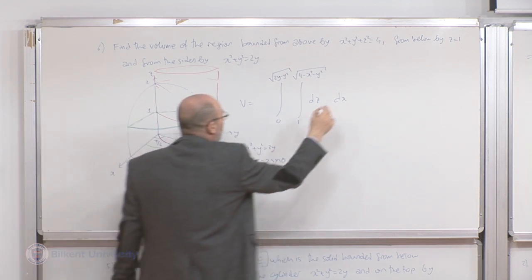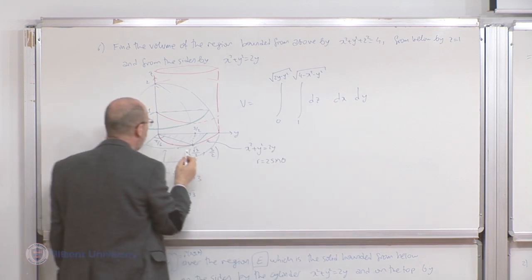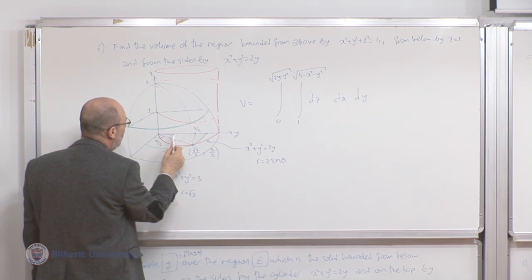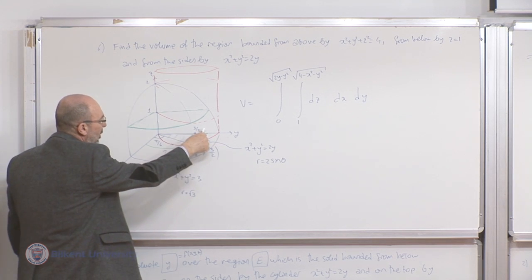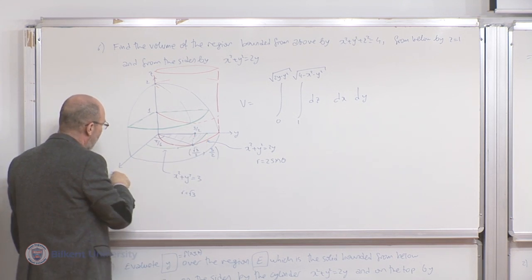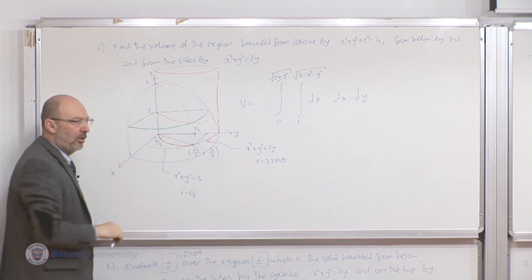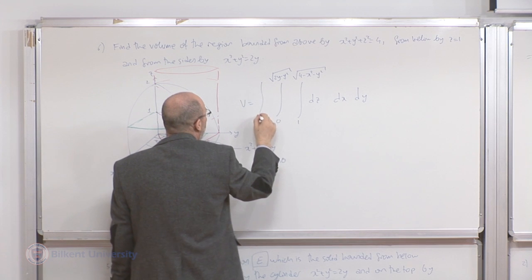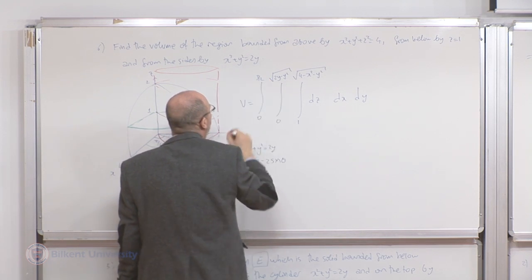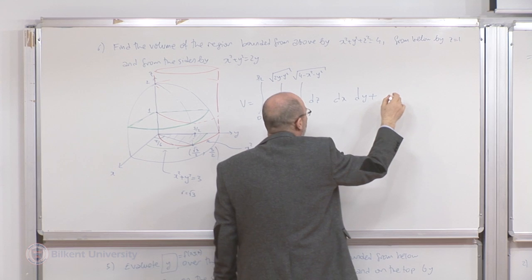This description is valid when y is between 0 and this number, because if you pass this, then an arrow parallel to the x-axis will leave the region at a different circle. So this is between 0 and 3 over 2, plus, I'll multiply this by 2 in a minute.